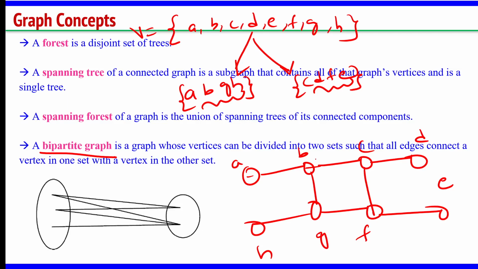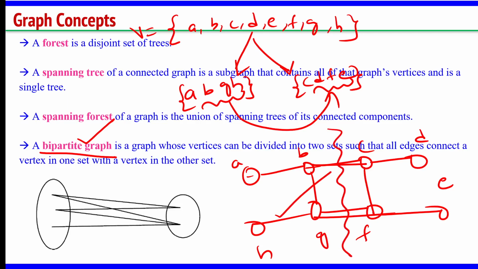Why? There is a path from B to C, there is a path from G to F. So, at least there is an edge from an element here to an element here. Then we call it a bipartite graph. This graph is a bipartite graph because we can partition this graph into 2 different sets of vertices such that there is at least one edge between one and the other.